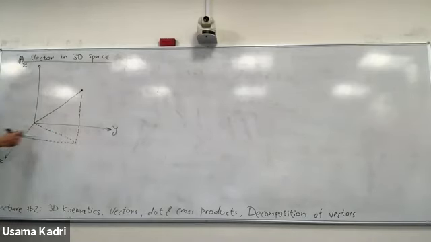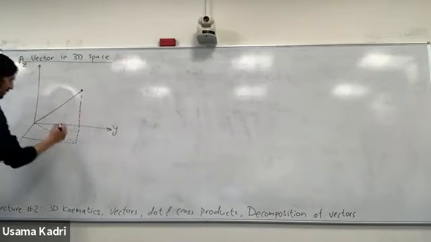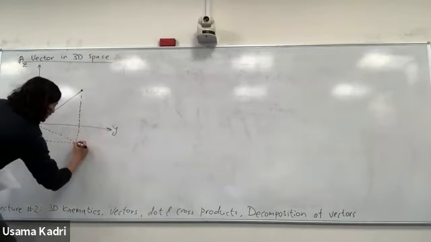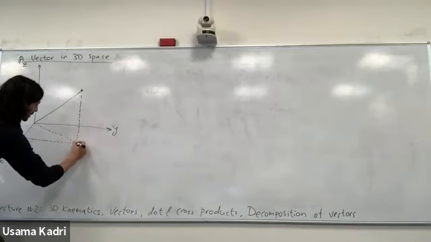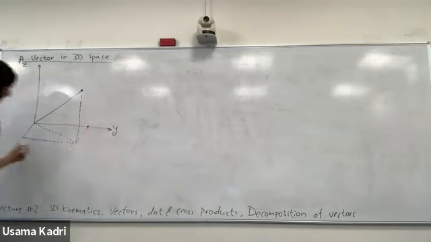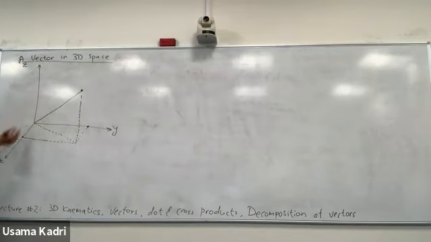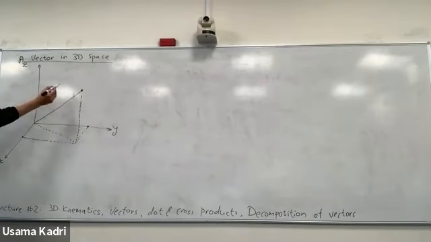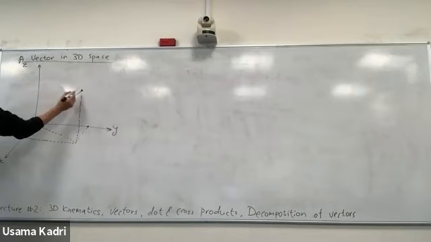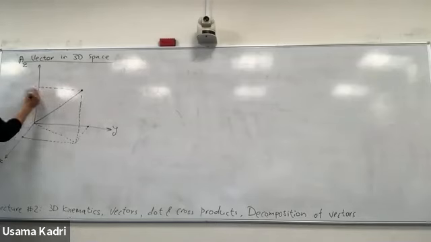So this is the projection in the x-axis. In the y-axis it would come here. I'm going to use colors soon, it's going to be easier to see. And then in the z-axis, it would go, let's say something like this.